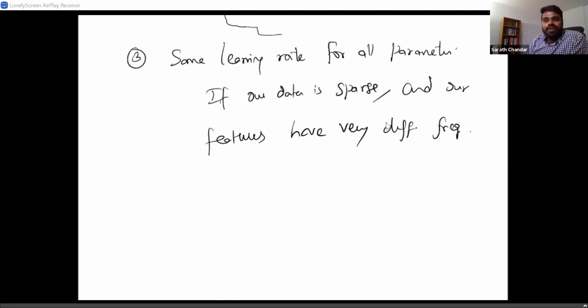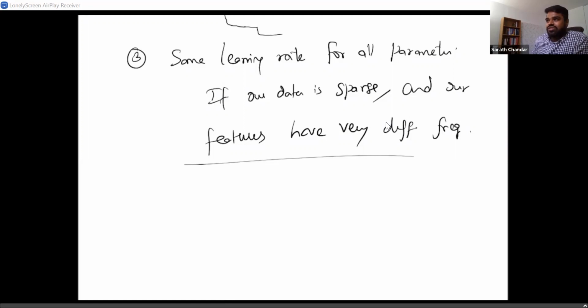Now what will happen is the more frequent words will get a lot of gradient updates, and the less frequent words are going to get very minimal gradient updates. So there is a discrepancy in the gradient updates if you have different frequencies for the features. Now how do I solve this issue?